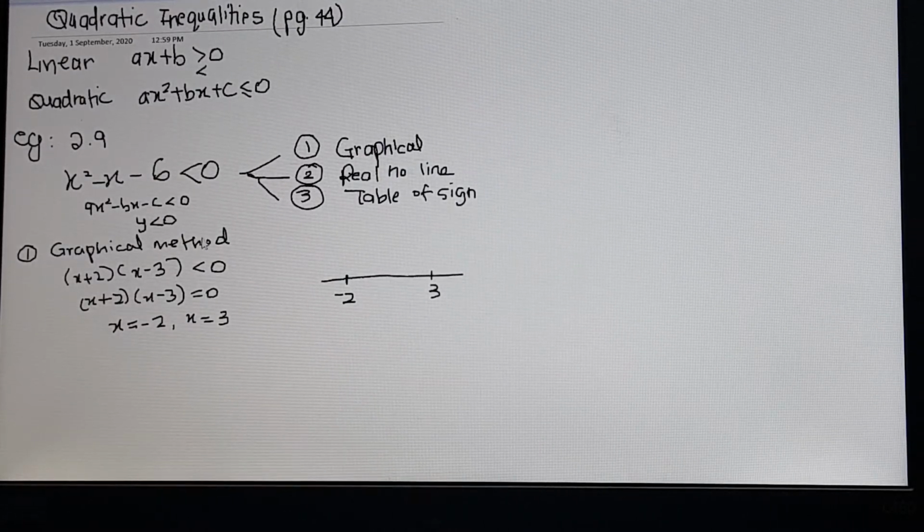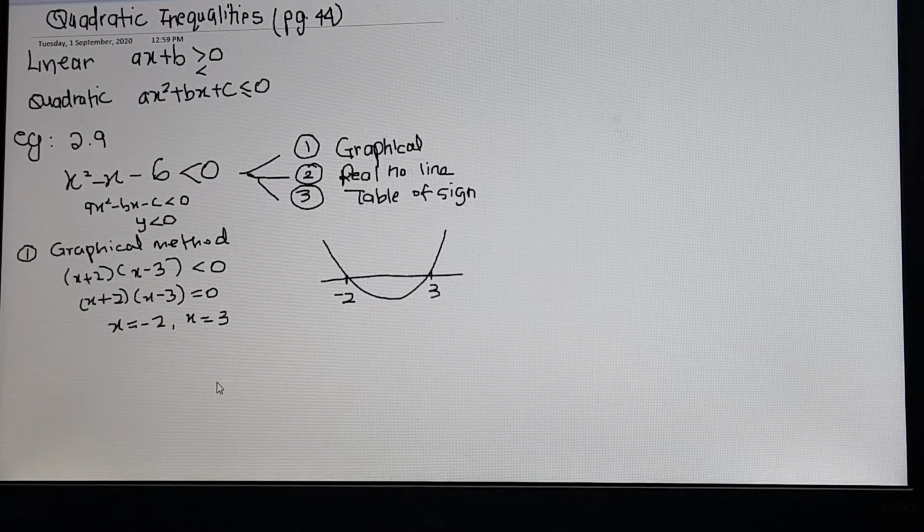So when y is less than 0, the graph would be like this. And then where is the solution? The solution is below the x-axis. Alright, so this is the graphical method, the simplest one.